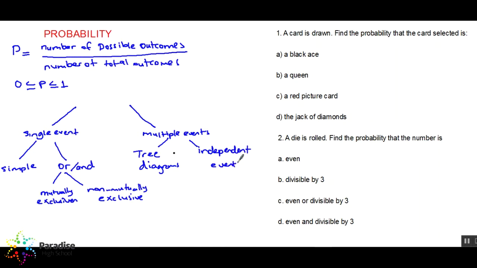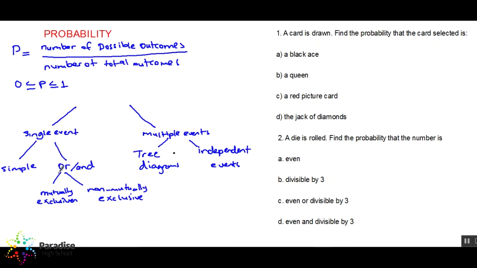There are a lot of issues about probability, but we can just divide them into certain categories like this here. Now, again, let's repeat. Single event, if only one event is taking place, there is simple probability that we will see the question here, and there is or an and question.